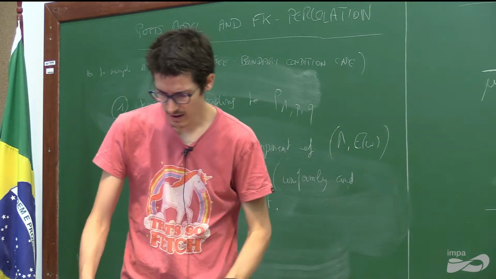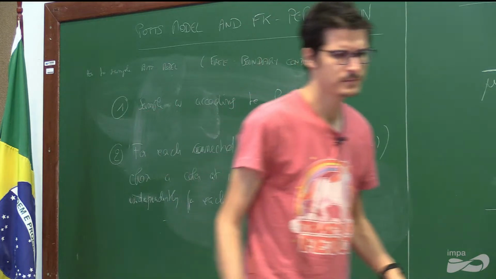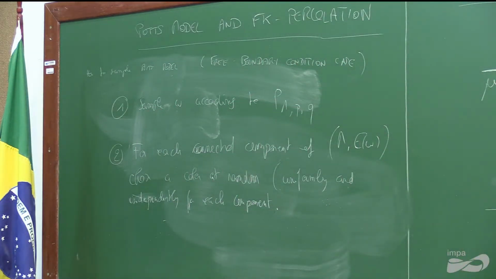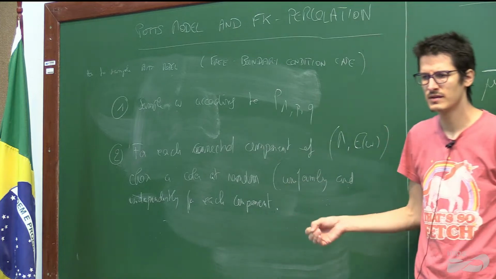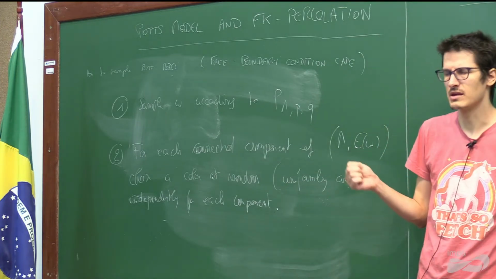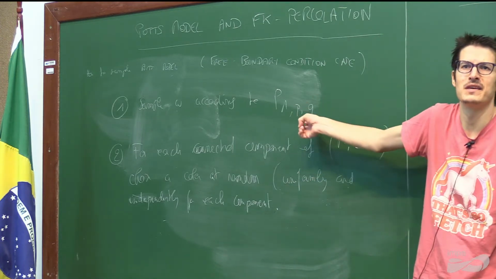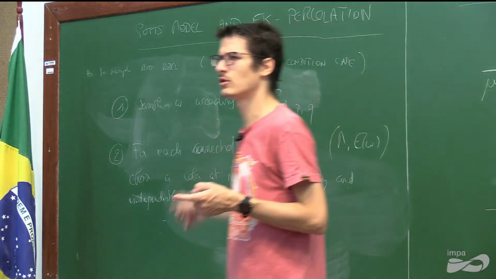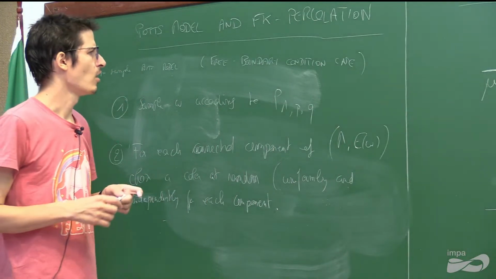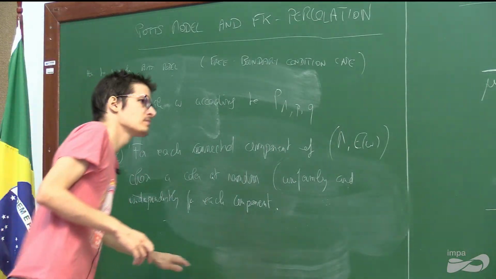Okay, so how can we check that this indeed gives you the Potts model? If you do this, then you really have two things: a spin configuration and omega. What we can first do is write the joint law of the two.